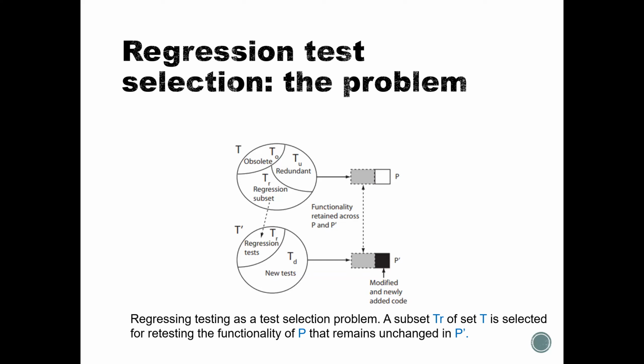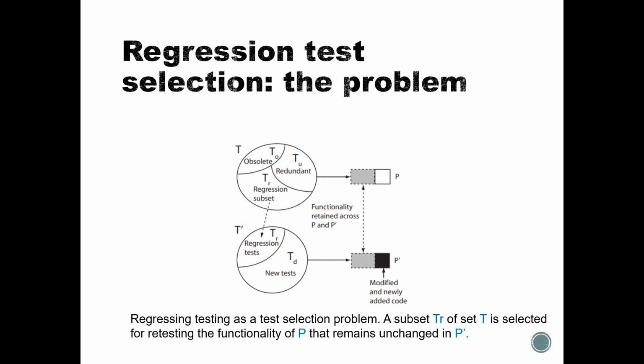Because one of the features of S has been redefined as S dash. So the regression testing problem over here is to find a test set TR, which you see in the below circle.